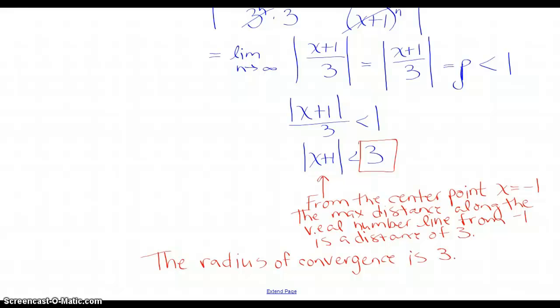So my radius of convergence is 3. So much easier in practice than it is to try to talk about it theoretically. There it is. There's the radius of convergence. Now, algebraically, it's not required on this problem, but where we're headed, I want you to see this. If I were to say, okay, so for what x values is that true?